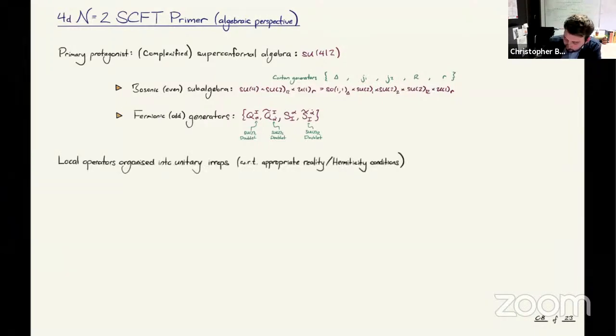And then once you have this big symmetry algebra, you get to a priori organize the complete set of local operators in your theory into some sort of nice irreducible representations of the symmetry algebra. They should be unitary with respect to an appropriate notion of Hermitian conjugation on this algebra, which I'm not making explicit here because I'm working with everything complexified.